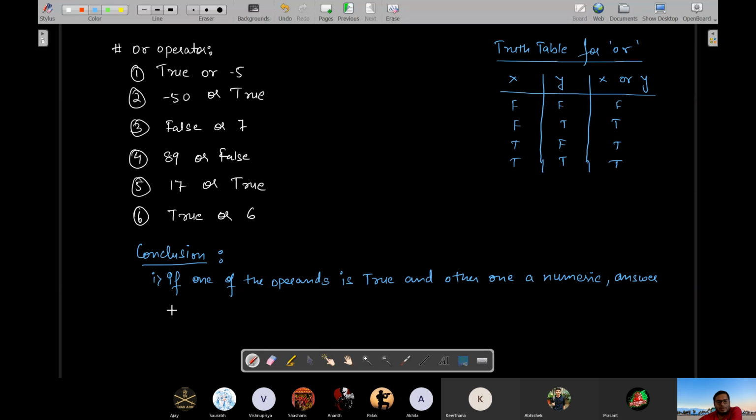Answer will always be ट्रू सर. True. ये बताओ 1 to 6 में जल्दी से टाइप करो.